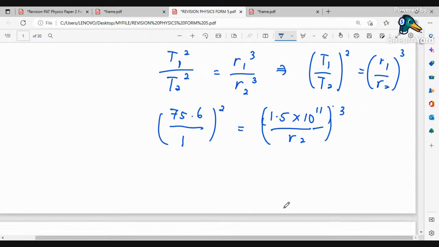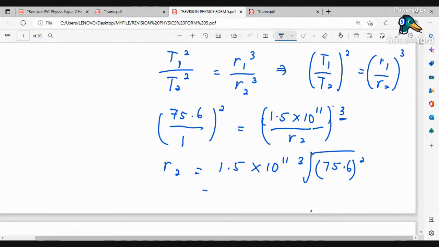So ini mathematics lah, you all kena biasakan guna calculator. So you will get R2 equals to, okay, so this one you can bring it here. So it becomes 1.5 10 power 11 root 3, yeah? 75.6 squared.